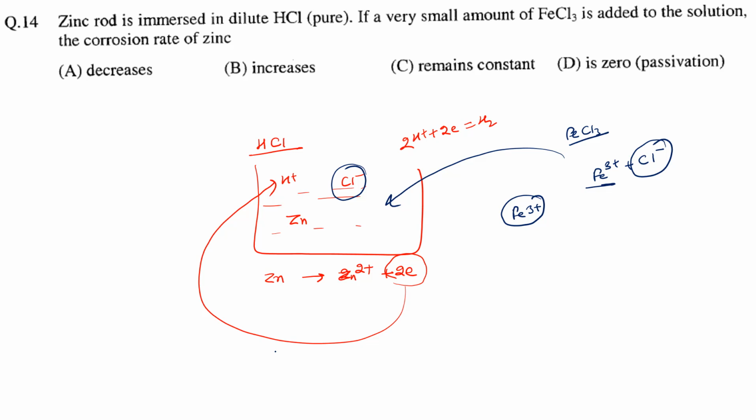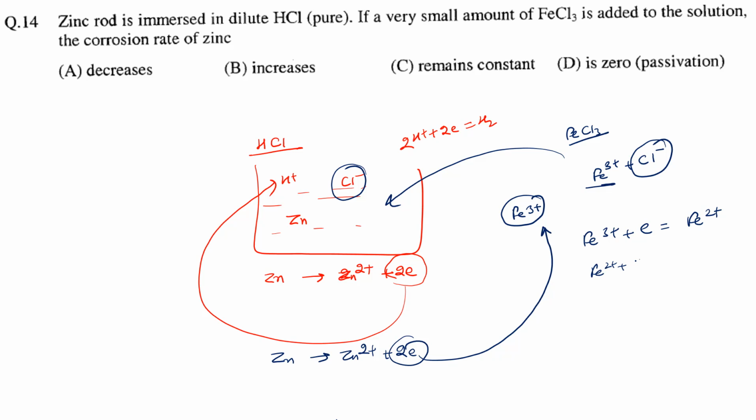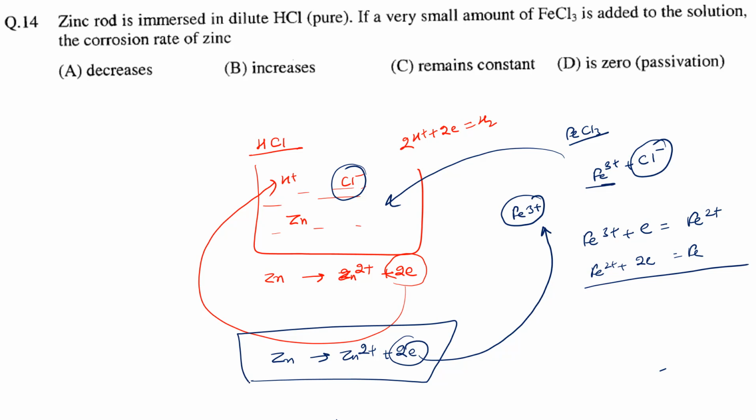It will get them from the breakage of zinc, so more Zn2+ will form, the electrons will move over here, and the reaction will be like this. Further, Fe2+ plus 2 electrons will form Fe. So more electrons are going to be liberated from this Zn. That's why the corrosion will increase.